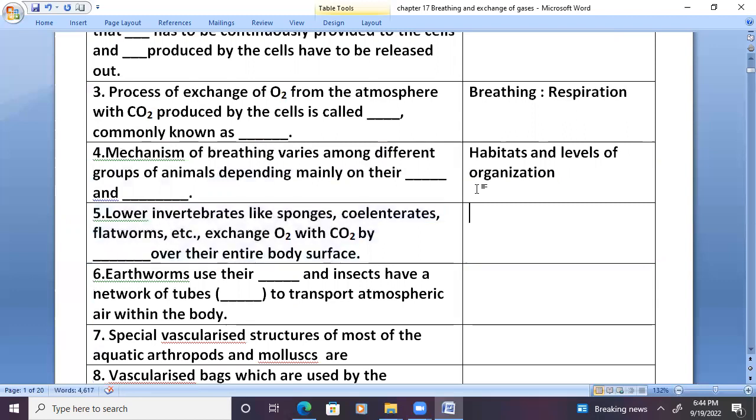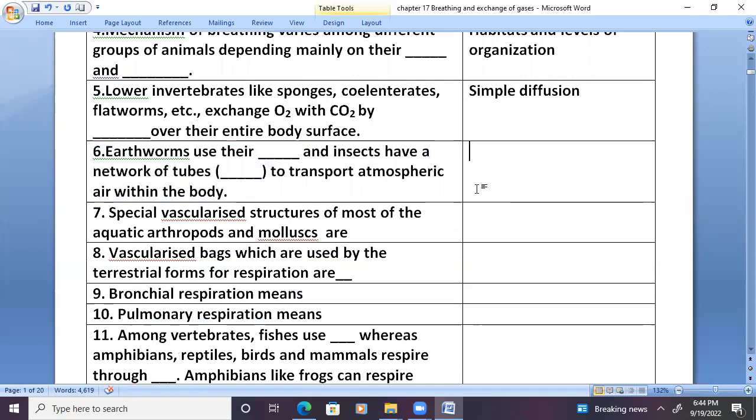Lower invertebrates like sponges, ciliates, flatworms exchange oxygen with carbon dioxide by simple diffusion, which occurs through their entire body surface.